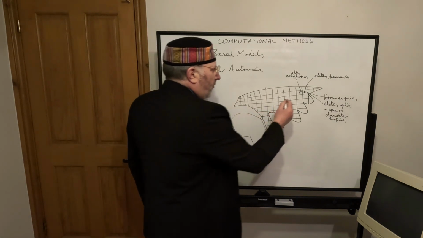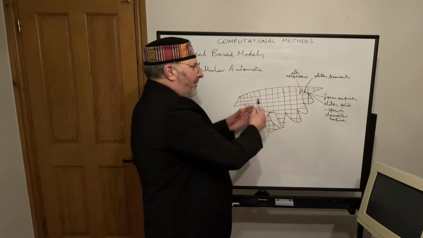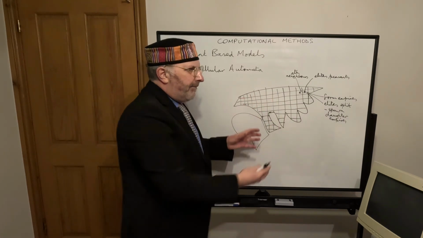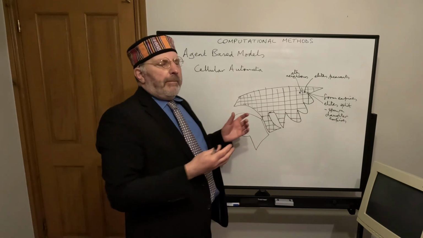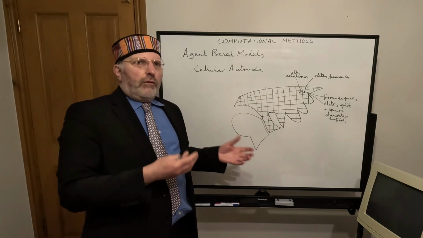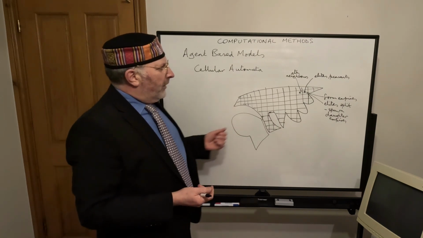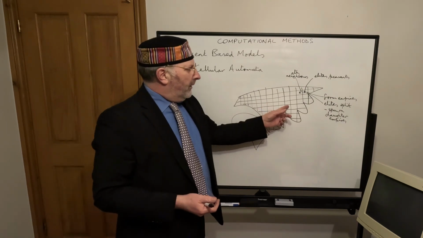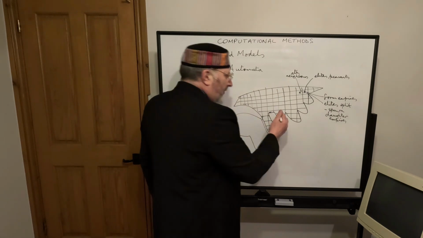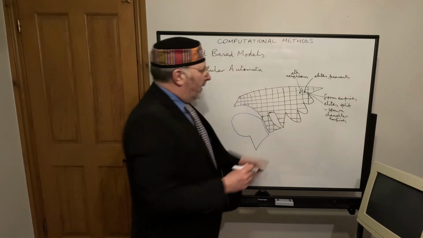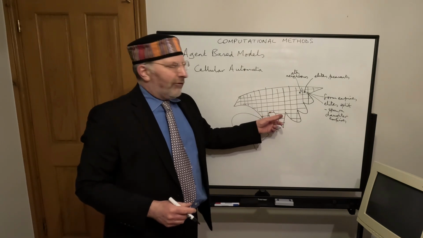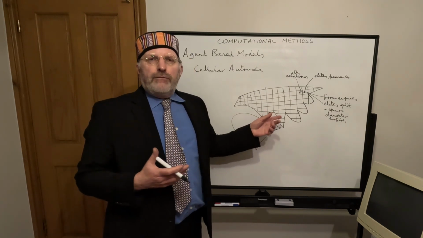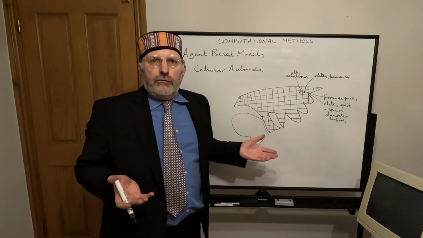And in this way he shows that you get a pattern of empires growing and contracting and splitting across Eurasia, and that the statistics of those empires are the same as the real statistics of the real empires through history. So for example, if you look at a particular cell, a particular part of India, let's say, and ask how often was that cell part of an empire, then it corresponds to how often that cell was part of an empire in real history.